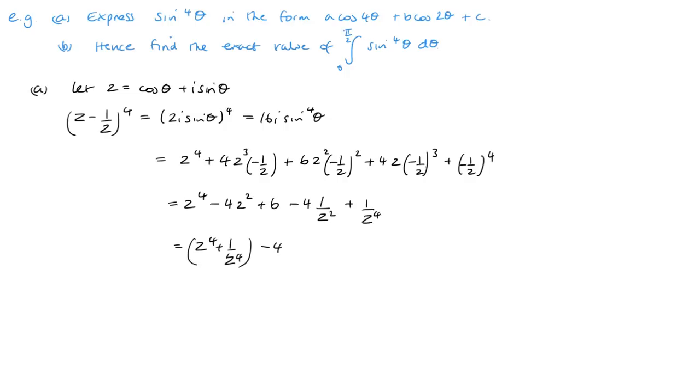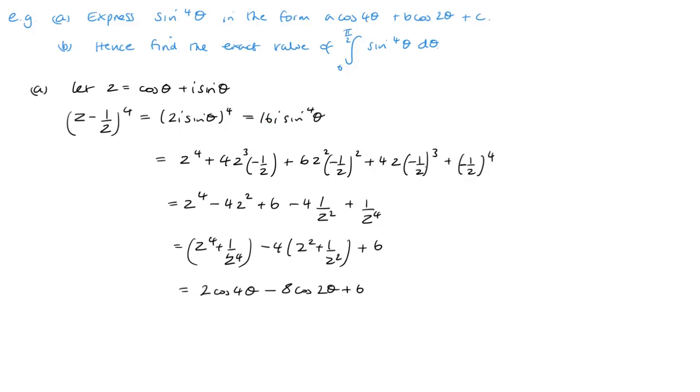Now taking minus 4 outside, we get z squared plus 1 over z squared plus 6. So we get 2 cos 4 theta minus 8 cos 2 theta plus 6. Now all that's left is to divide by my 16.